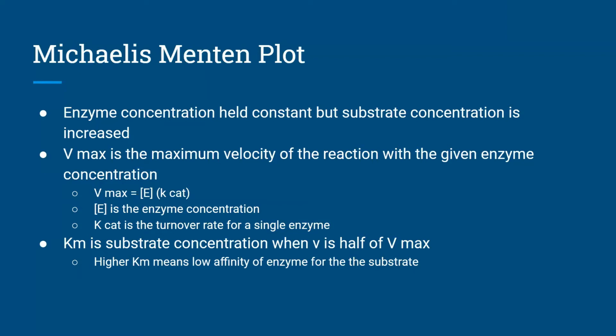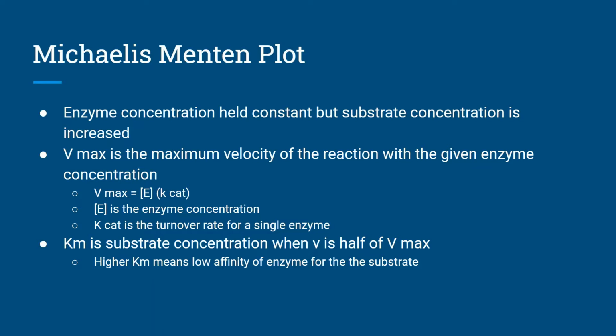So there are a few parameters you need to know. The first one is Vmax. That's the maximum velocity of the reaction with the given enzyme concentration in the experiment. Vmax can also be measured as Vmax equals E times Kcat. E is the enzyme concentration, and Kcat is what we call the turnover rate for a single enzyme.